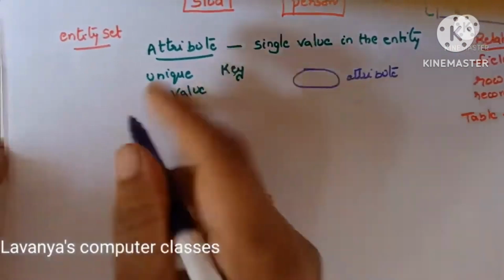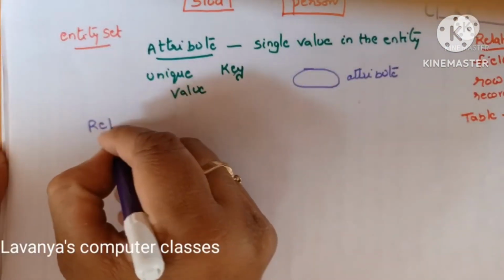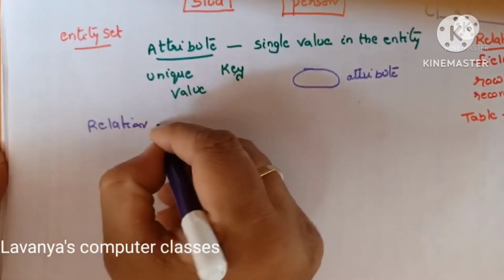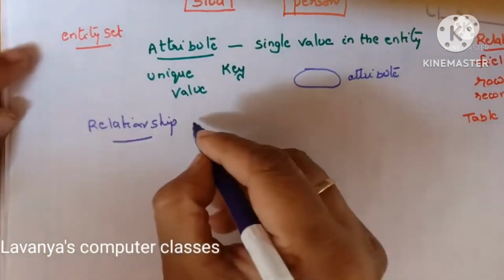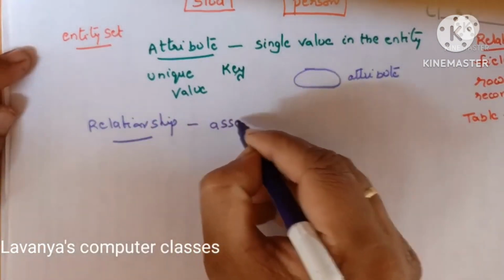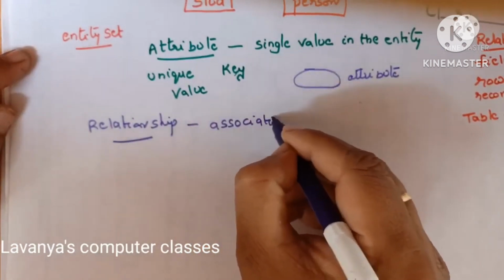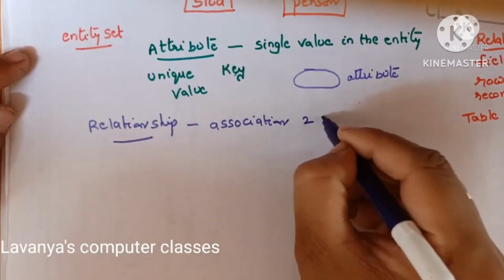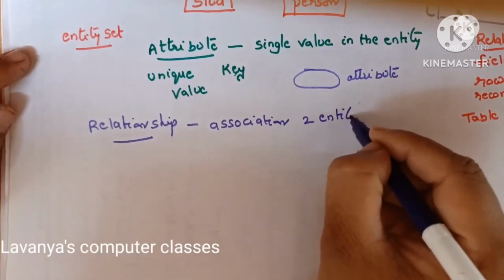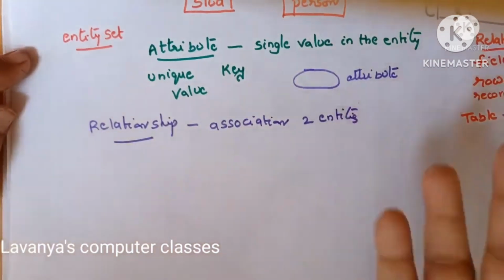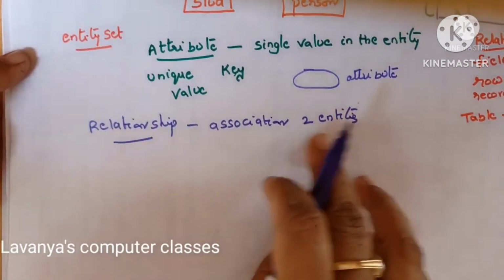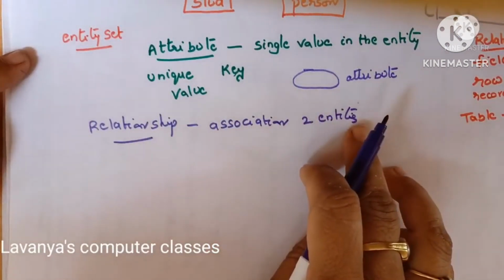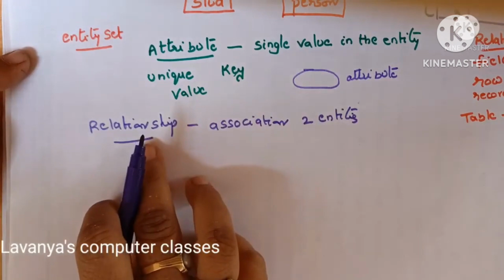Next one is relationship. What is the relationship? Relationship is known as the association between two entities. Whatever the association between two entity sets or between any two entities is called a relationship.